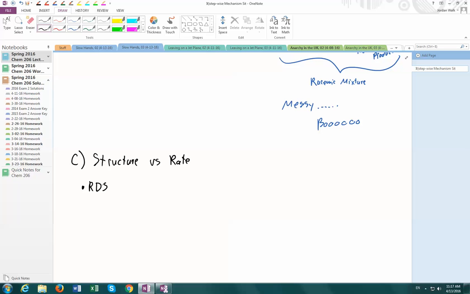And so we've learned that there can be different carbocations, favorable versus unfavorable carbocations, and in fact, that's going to be the important decider when we talk about the rate of an SN1 reaction. So we'll say that the rate determining step involves formation of a carbocation, C+.